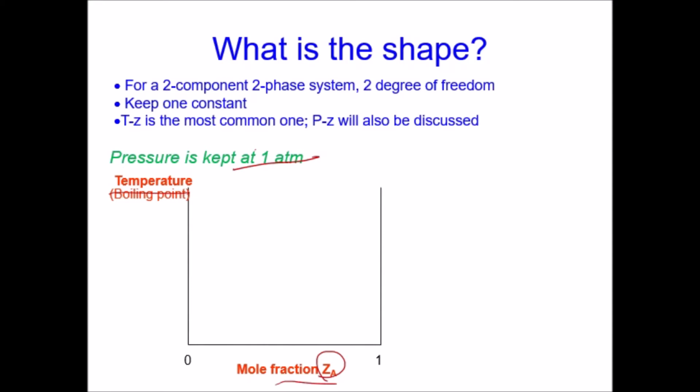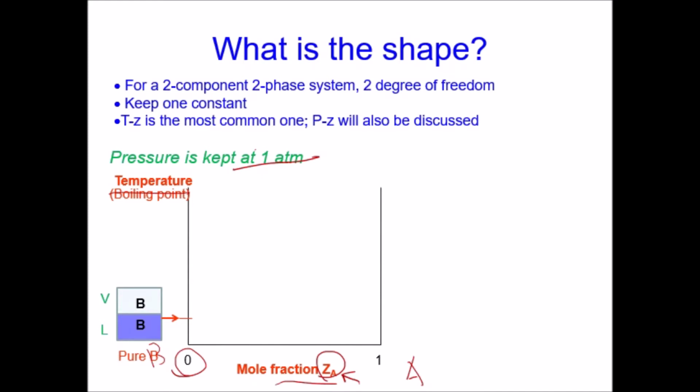Now for a 2-component system A and B, in this phase diagram we plot mole fraction of A. That means when A is 0, this is B. So the left side is B and the right side is A. The temperature represents the boiling point for the pure substance.